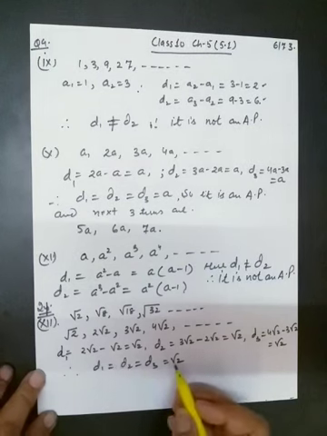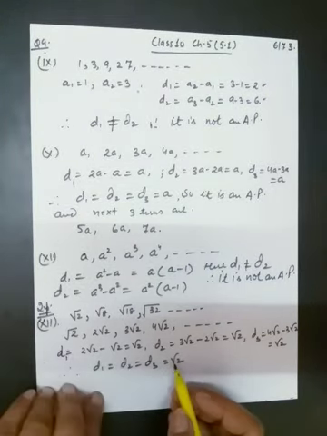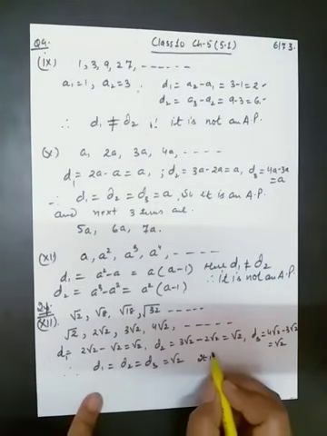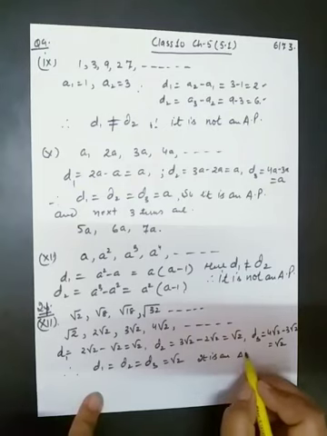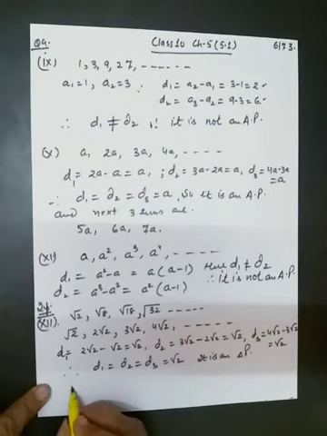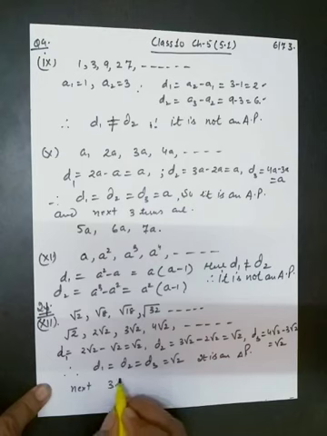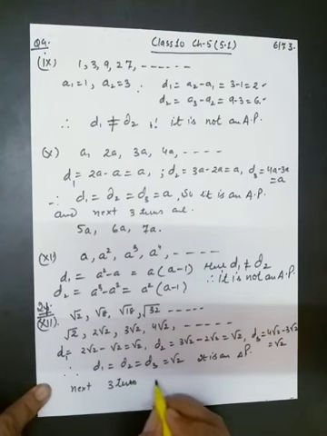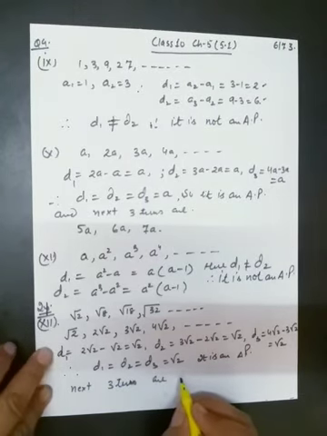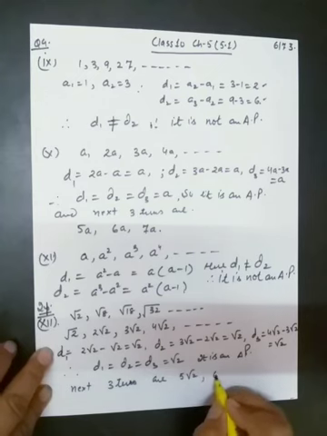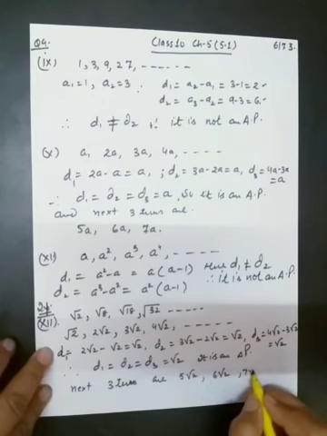Here we find that the common difference is root 2. So therefore it is an AP. So the next three terms are 5 root 2, 6 root 2 and 7 root 2.